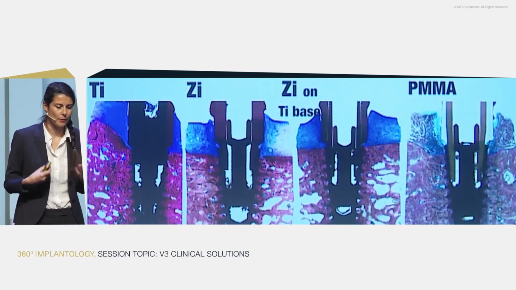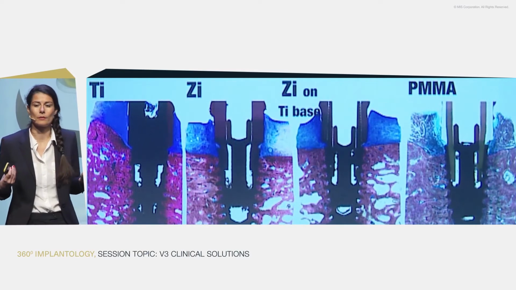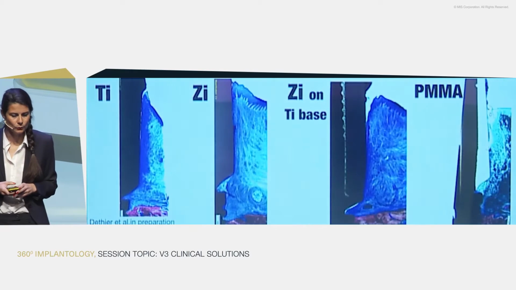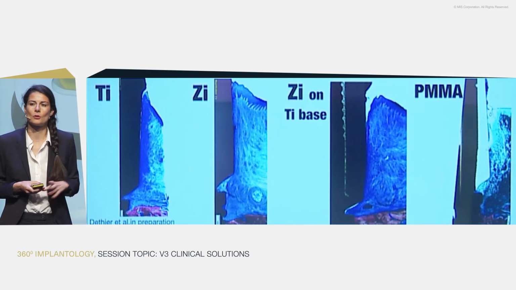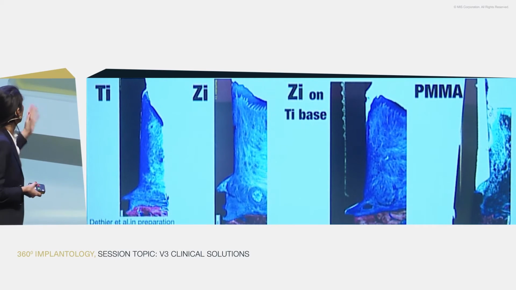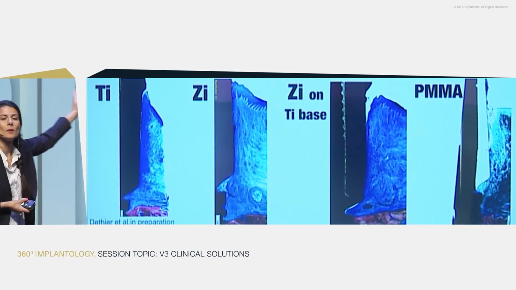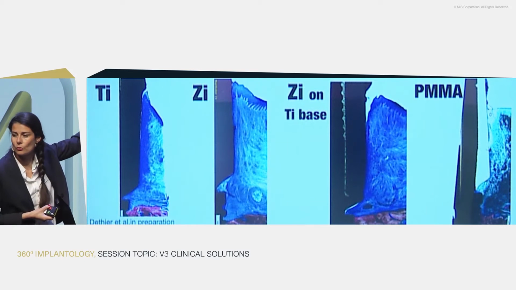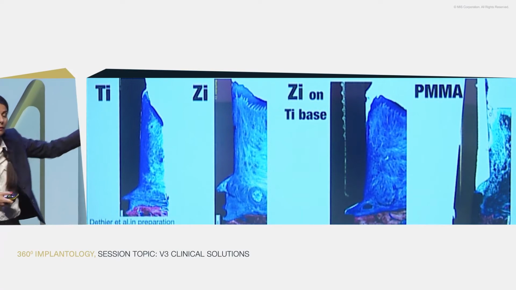In terms of bone loss, there were no statistical differences between the groups. And if we look a bit closer at the mucointegration, we see that, of course, titanium and zirconia allowed the integration.